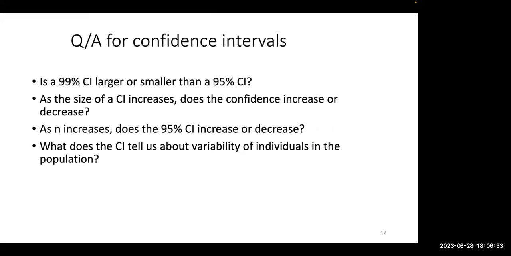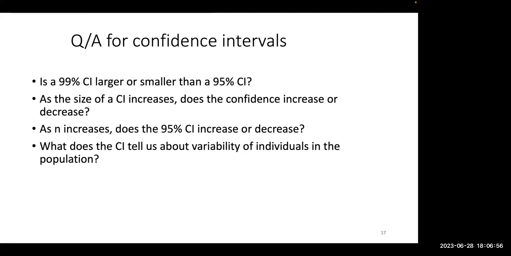So the $1 million question: is a 99% confidence interval larger or smaller than a 95% confidence interval? It's larger, exactly, because you're extending the probability that you contain the mean.